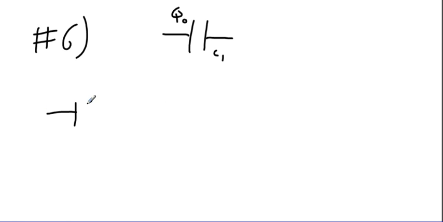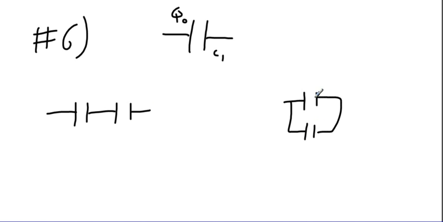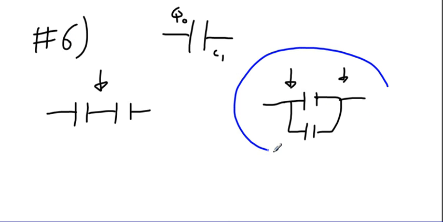So the issue is, did I connect it one way or the other? In one case, I only connected one end to the other capacitor. In the other case, I connected two. So to be more correct to the problem, we connected it like that. So it's saying I've connected these in parallel.